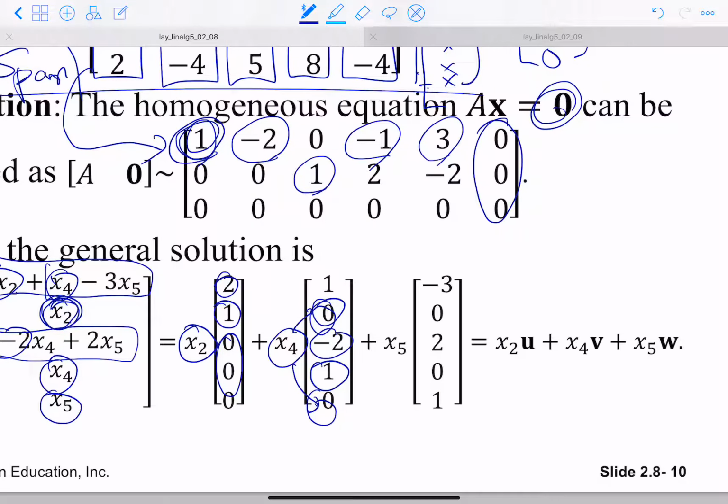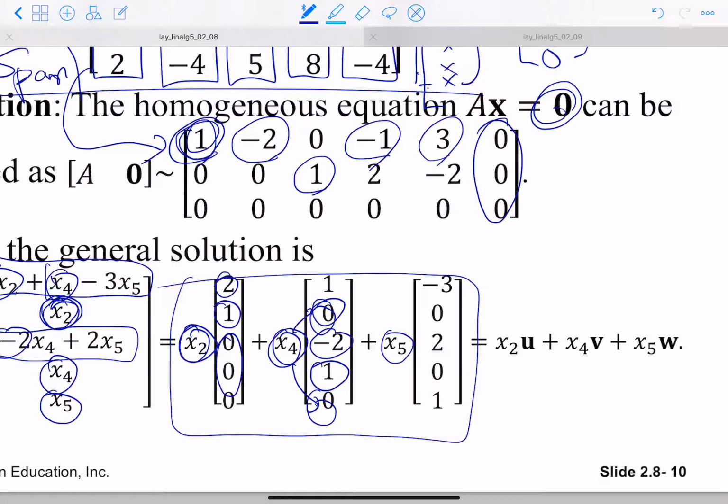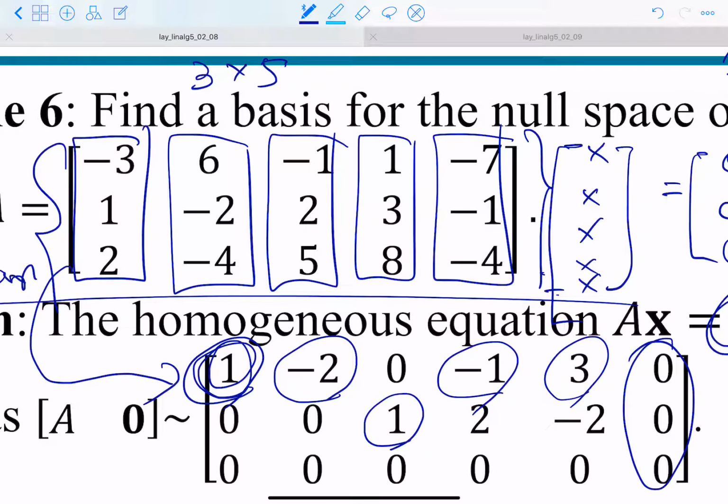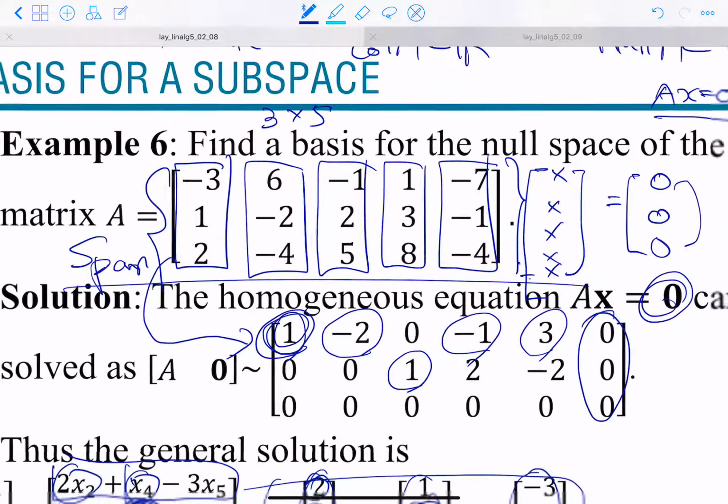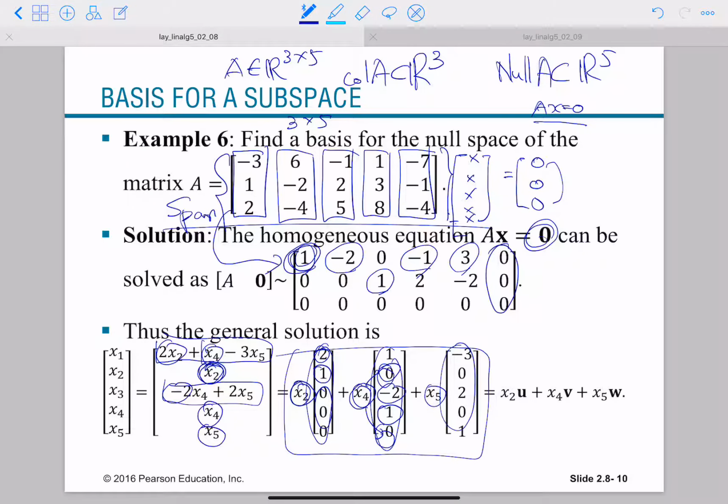All right, this is our representation of the null space, or the solution for the homogeneous linear system. Okay, and x2, x4, x5 are the free variables, right, associated with the specific vectors. In this example, the null space, or the solution for the homogeneous linear system, consists of 5-dimensional vectors, right?